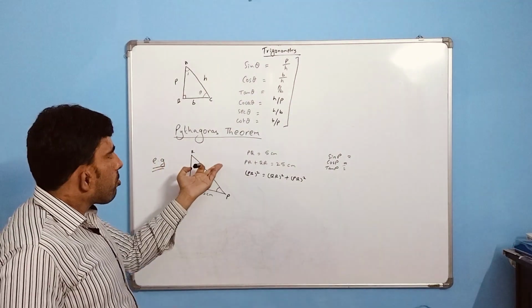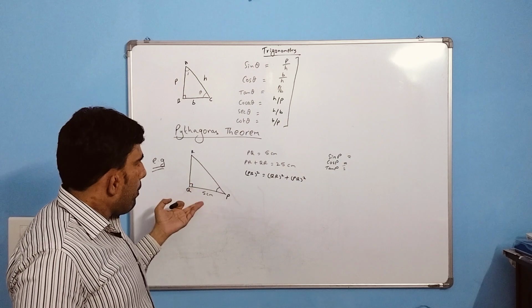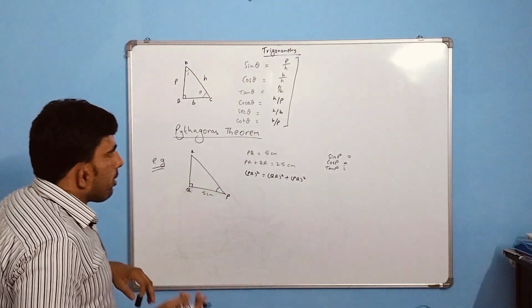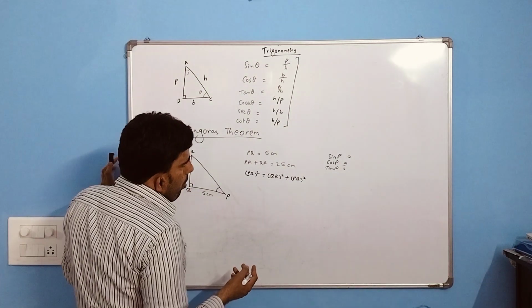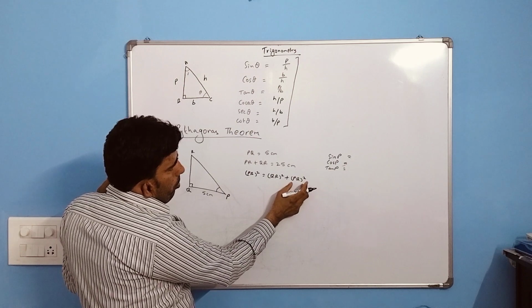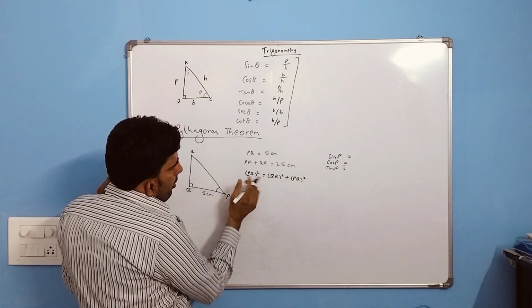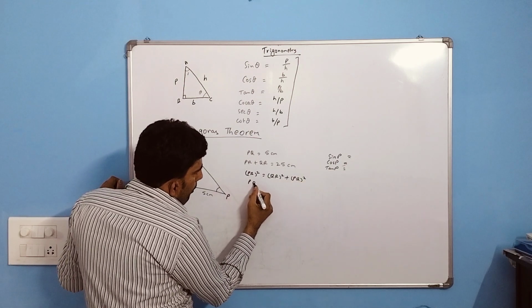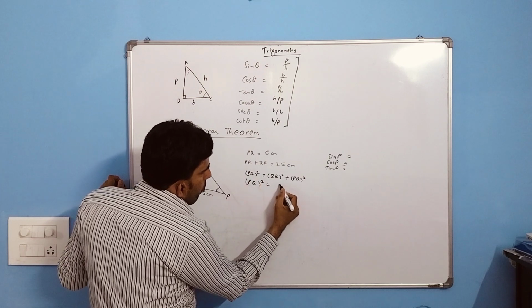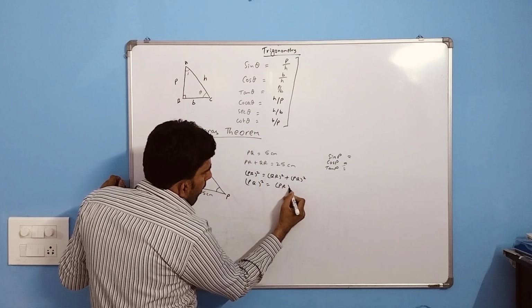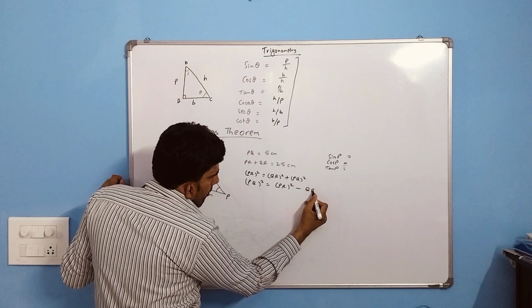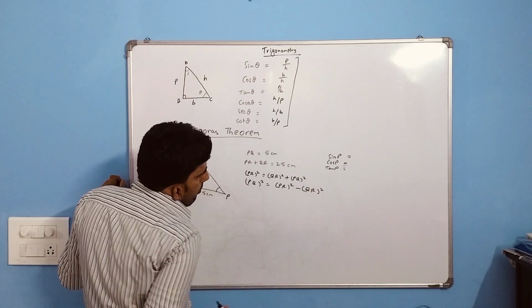Simple: hypotenuse squared is equal to perpendicular squared plus base squared. Now they have given PQ, so we can take this side: PQ squared is equal to PR squared minus QR squared.